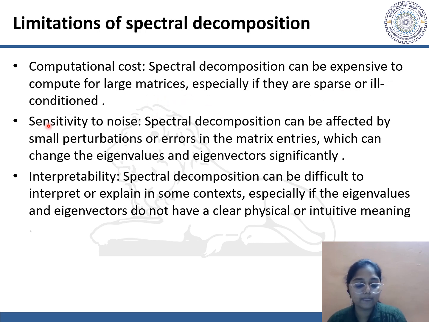It is sensitive to noise. Spectral decomposition can be affected by small perturbations or errors in matrix entries, which can change the eigenvalues and eigenvectors significantly. Interpretability: spectral decomposition can be difficult to interpret or explain in some contexts, especially if the eigenvalues and eigenvectors do not have a clear physical or intuitive meaning.